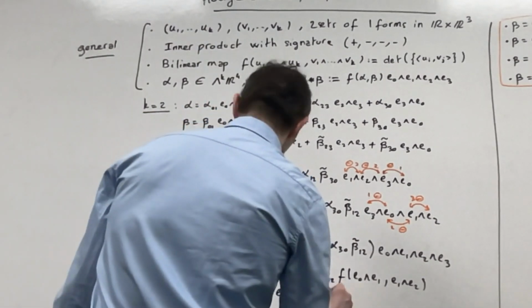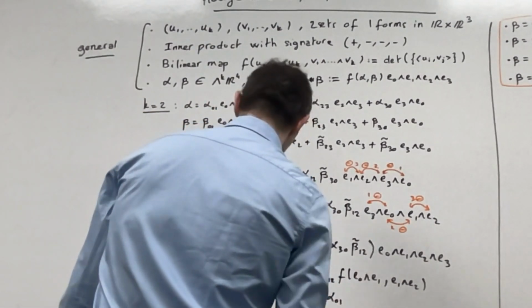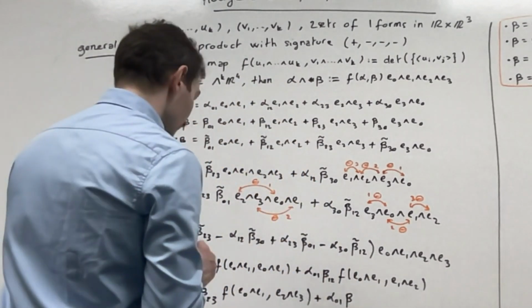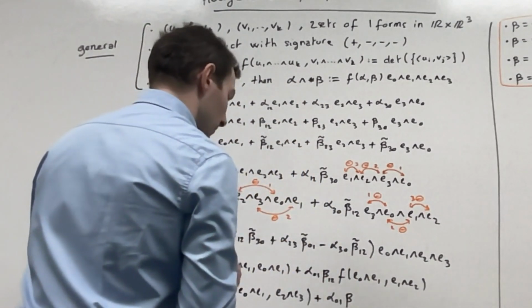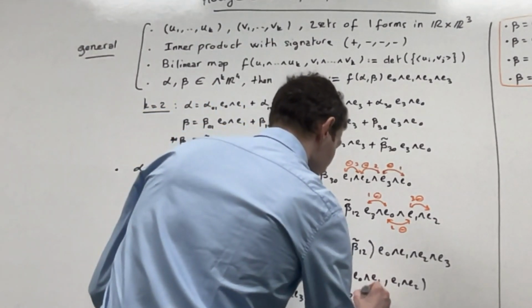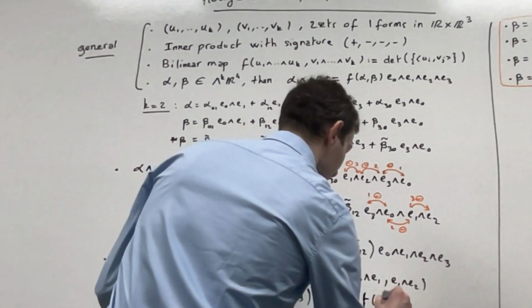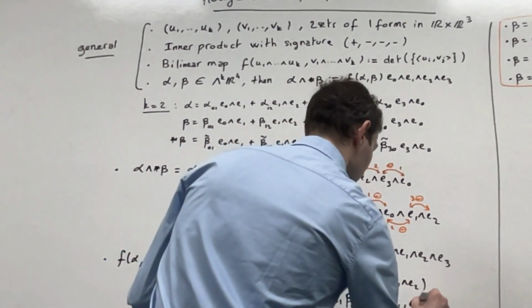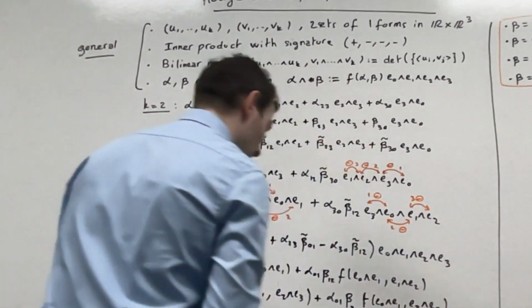And then plus alpha 0, 1, and then beta 3, 0, and then that's f of E0, E1, and then E3, E0.